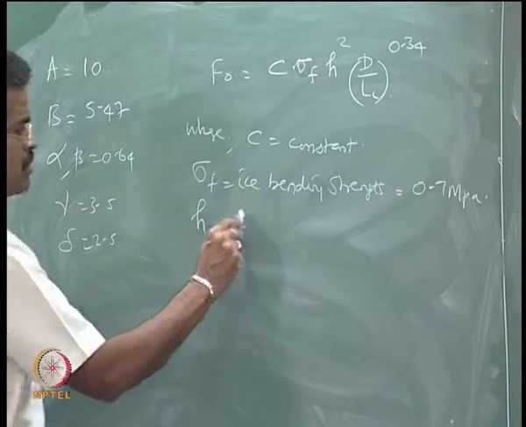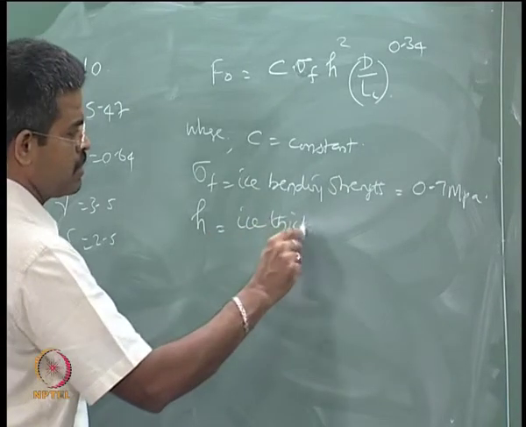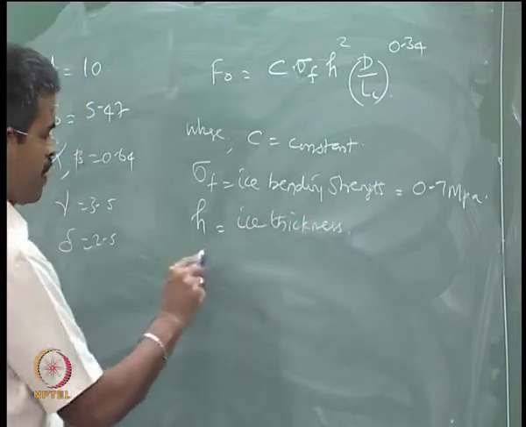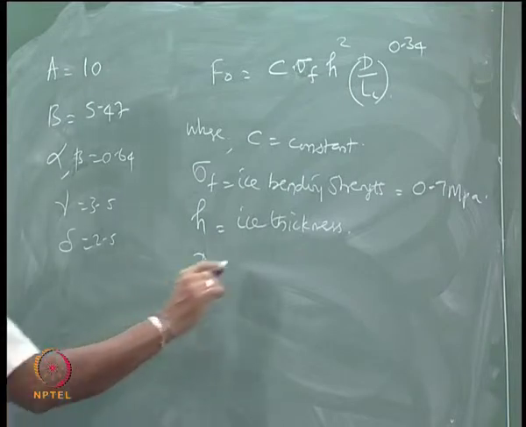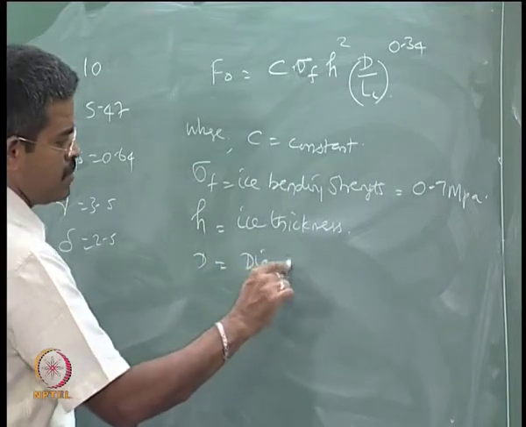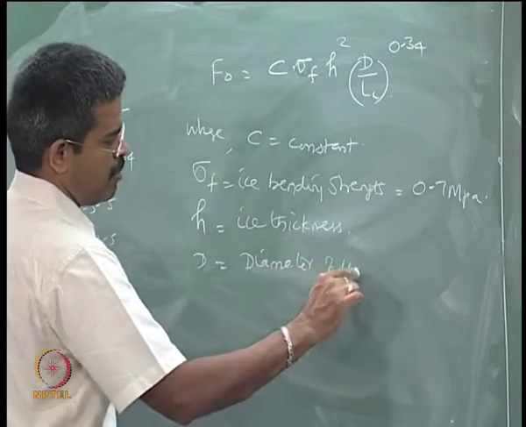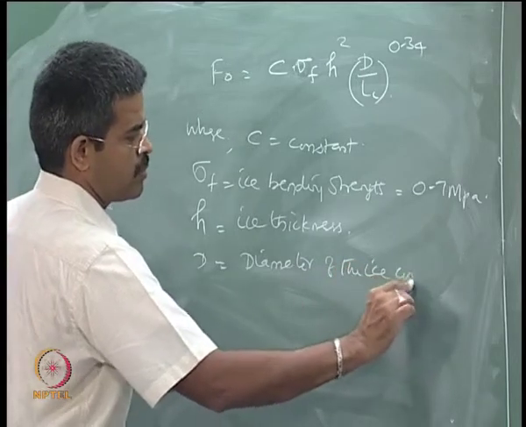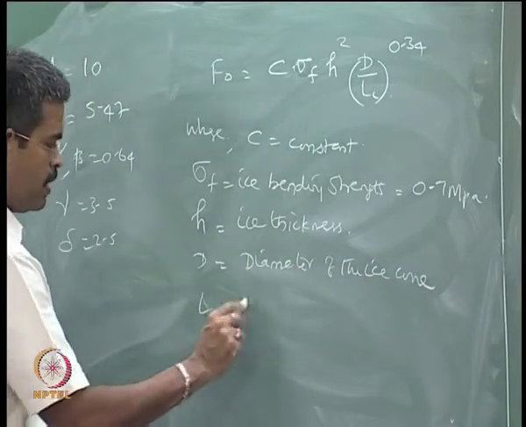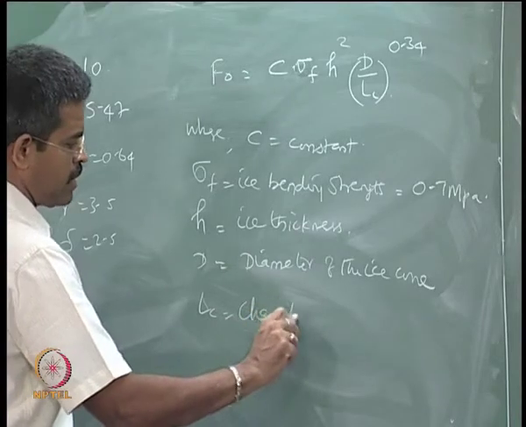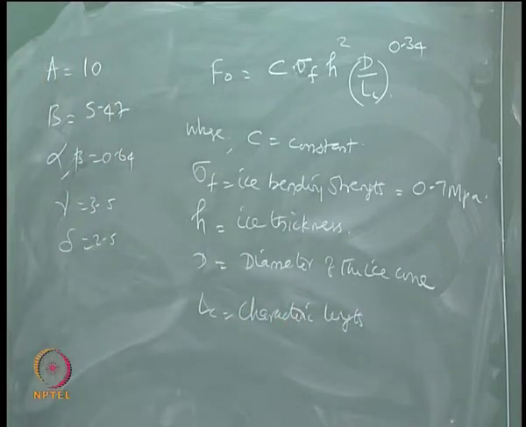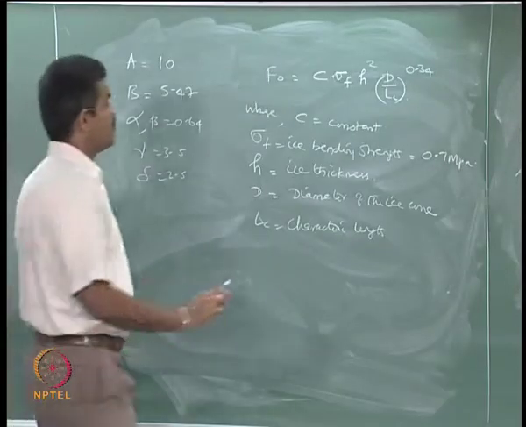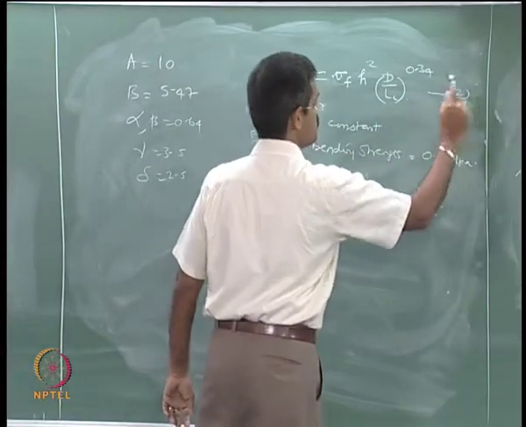H of course is the ice thickness, D is the diameter of the ice cone, and LC is called characteristic length. We call this equation number 2.